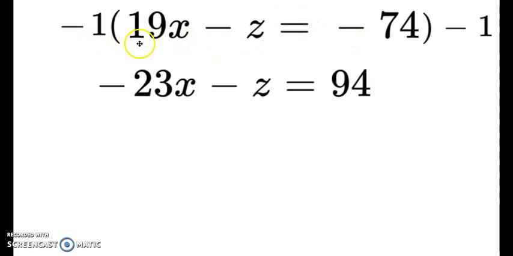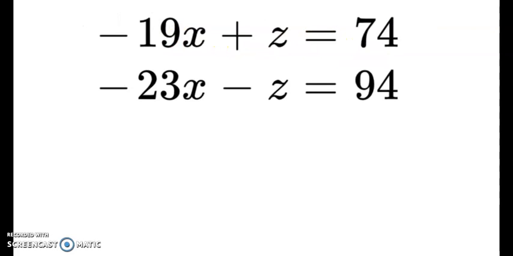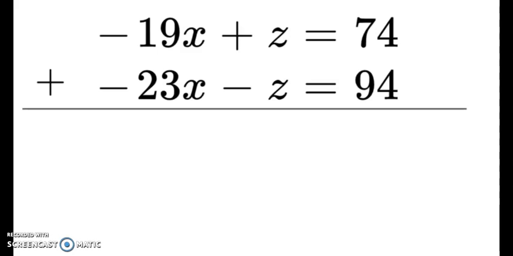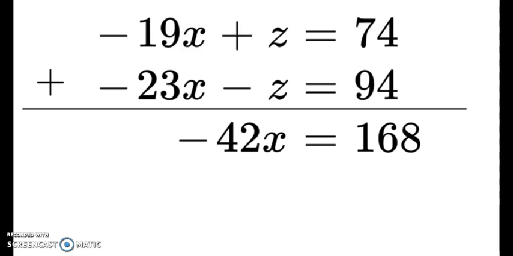So I'll have -19x plus z equals +74. So now I can add. -19x plus -23x is -42x. 74 plus 94 is 168. Now I can divide both sides by -42 to solve for x, and I get x is -4.